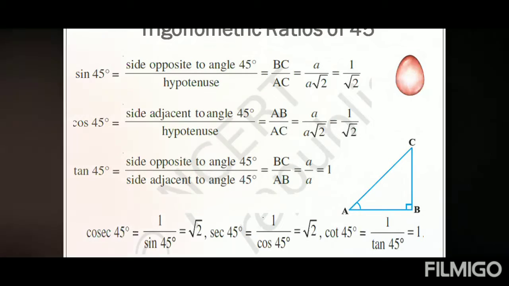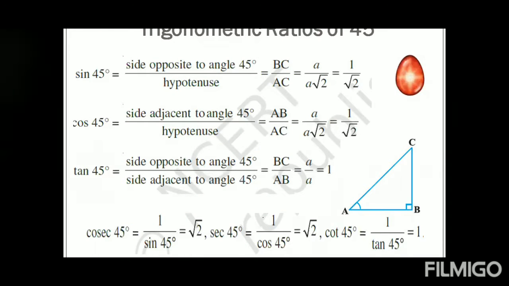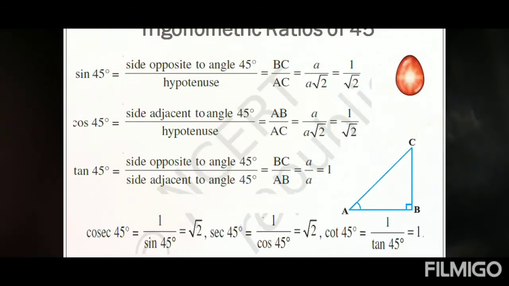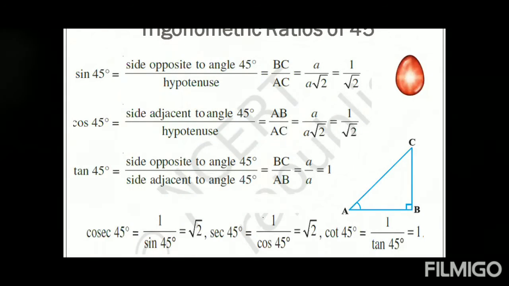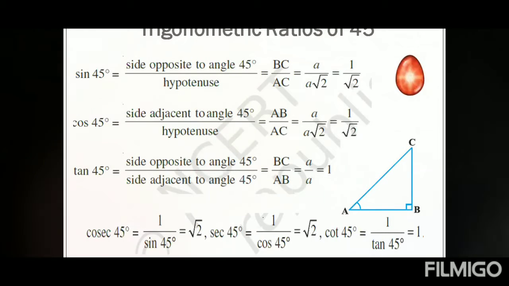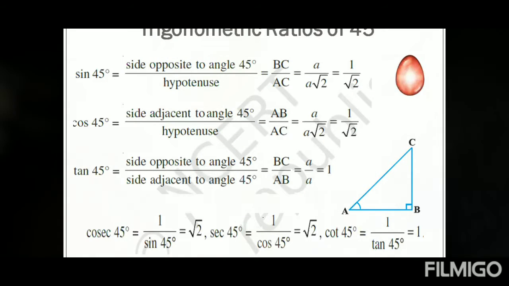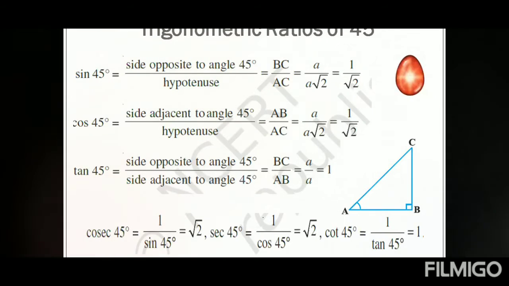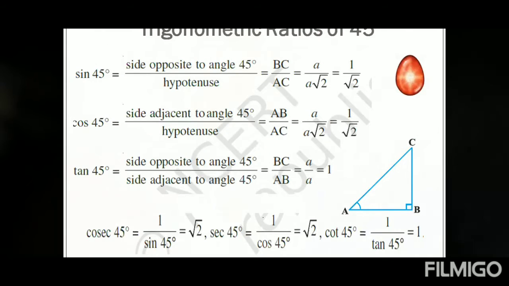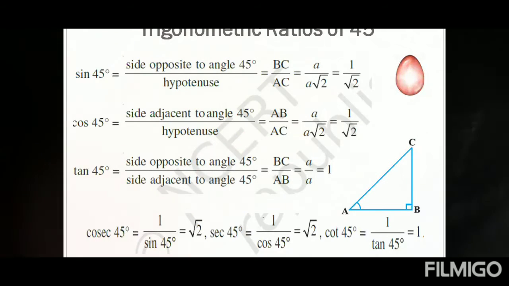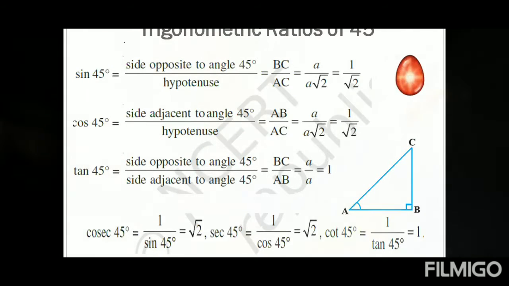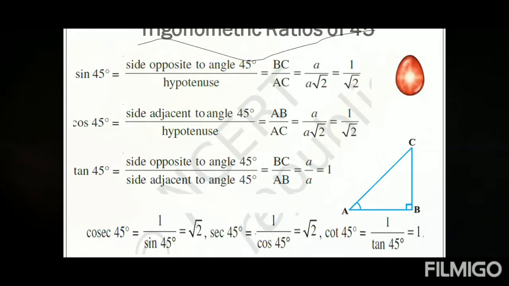You are already familiar with the constructions of angles of 30 degrees, 45 degrees, 60 degrees, and 90 degrees. In this section, we will find the values of trigonometric ratios for these angles and of course for 0 degrees. So first, the trigonometric ratios of 45 degrees.